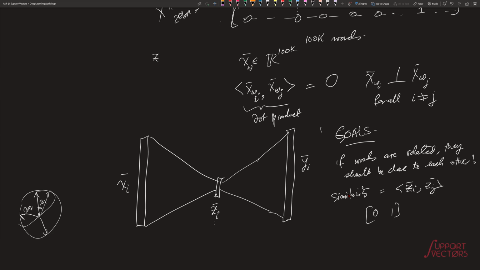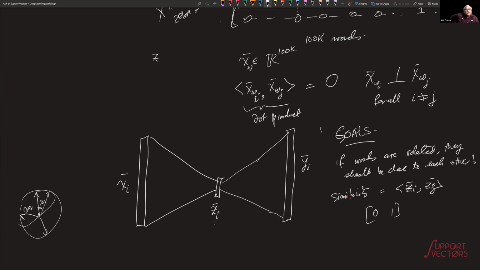So one quick question here, Asif, for our understanding. In terms of the intuition for similarity here, it could be anything. In a language, synonyms are similar, antonyms are also similar because the relationship is opposite. Yes, exactly.